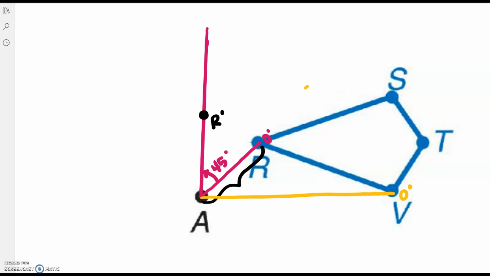I'm going to draw a line through that tick mark that I just made. And then I'm going to measure from A to point V, which must be the same distance from A to V prime. Once I find that, I'm going to put a point there and put point V prime.